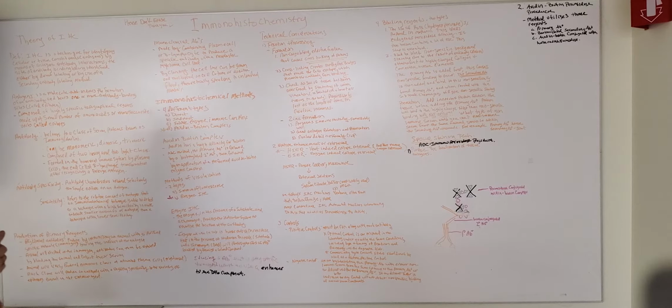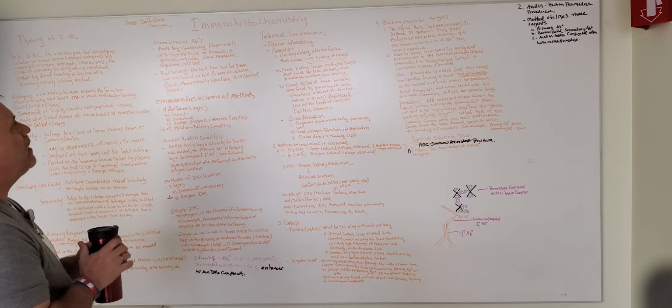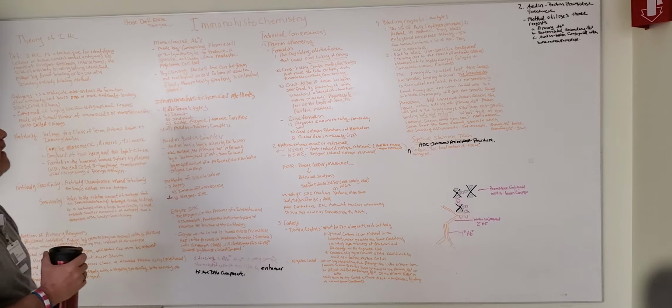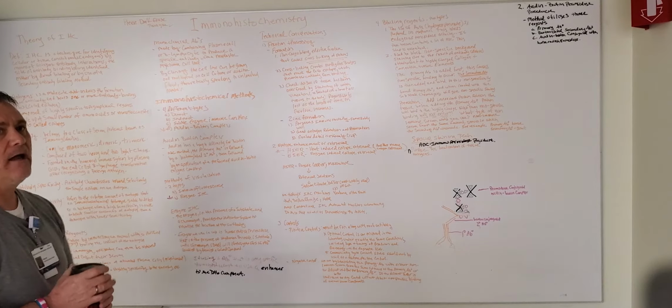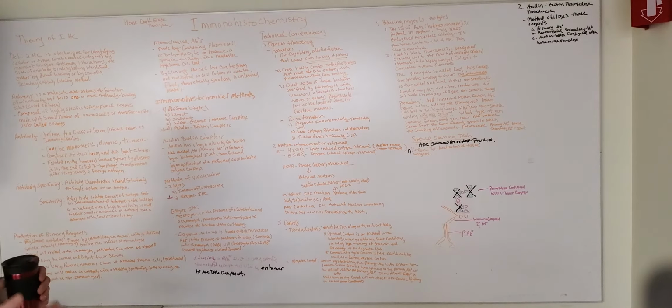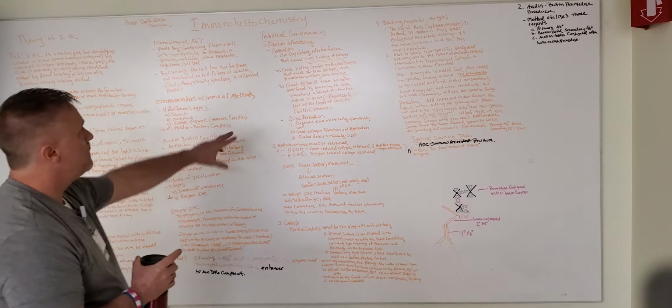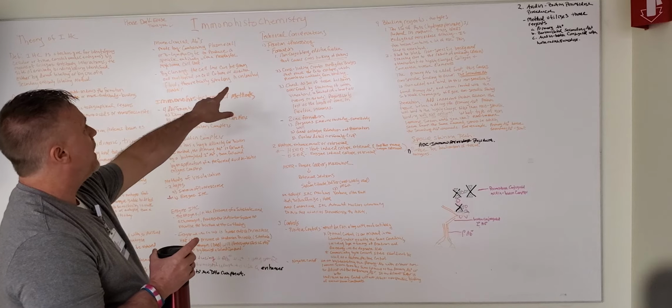Some technical considerations. Okay, one, again, coming back to haunt you again, fixation and processing. All right? Formalin. I briefly talked about this, and I said when we talk about IHC, then we're going to be coming back to it. Well, here it is. Formalin.